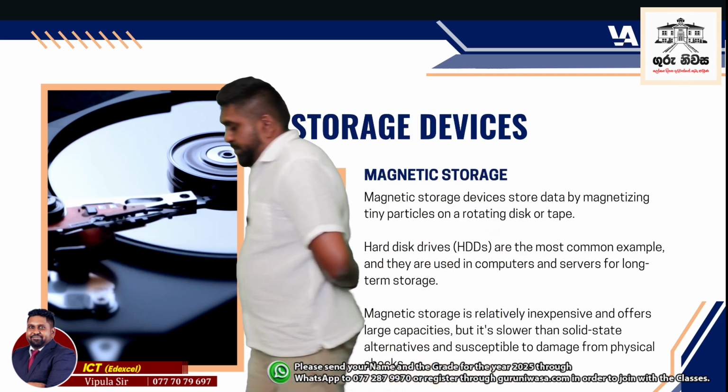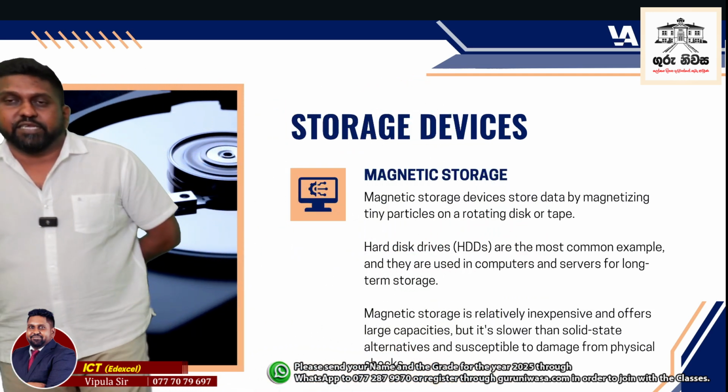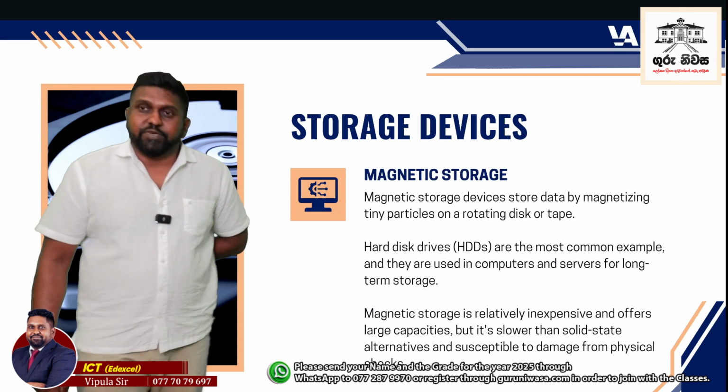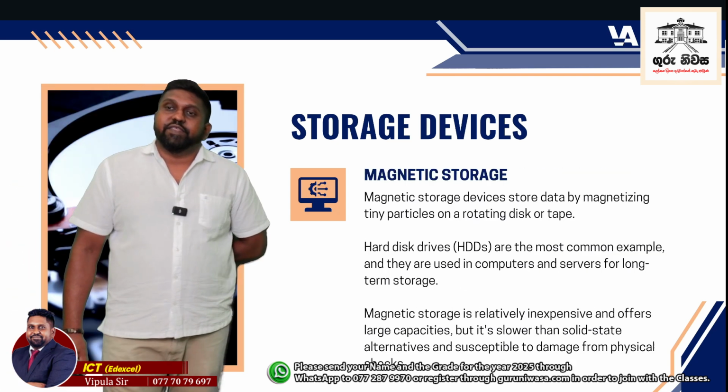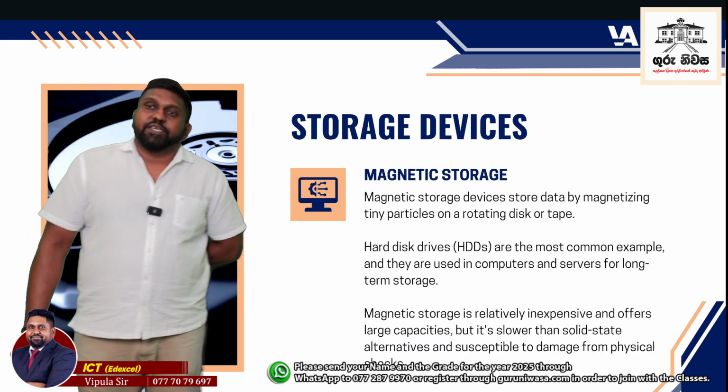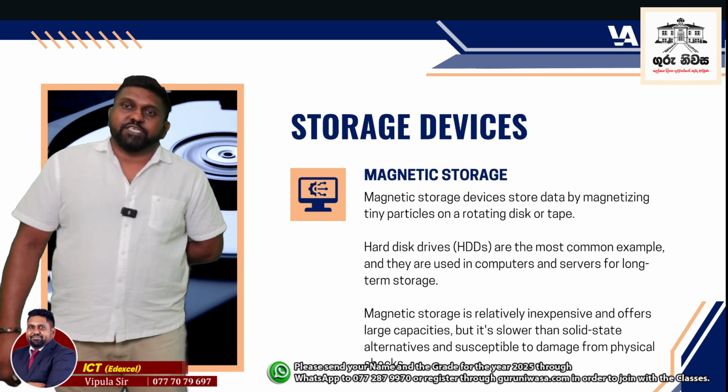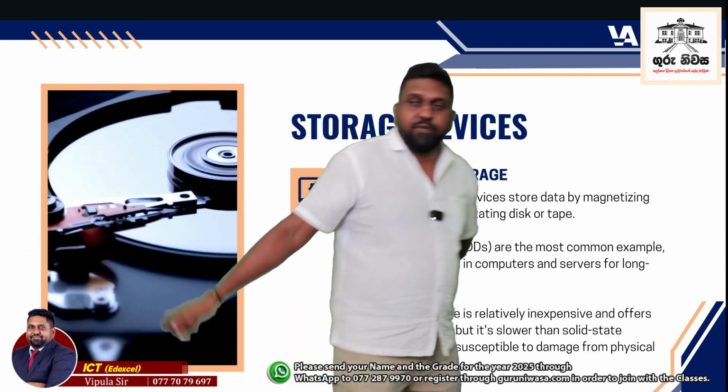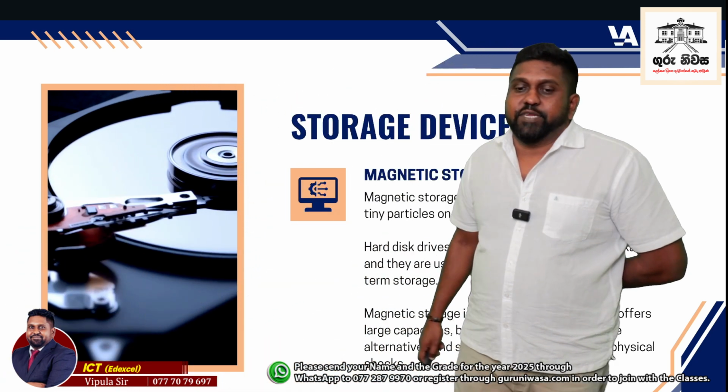So storage. As we discussed before, there are different types of storage, and we have the primary type of storage called magnetic storage, which you can see. This is how the average magnetic storage disk works.